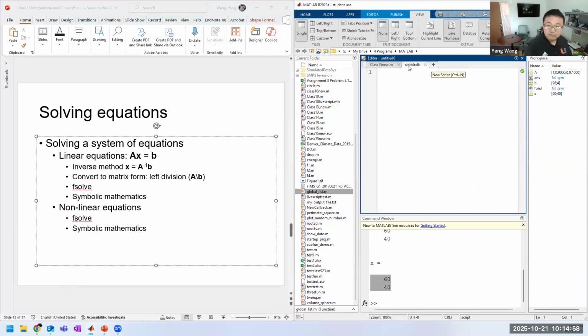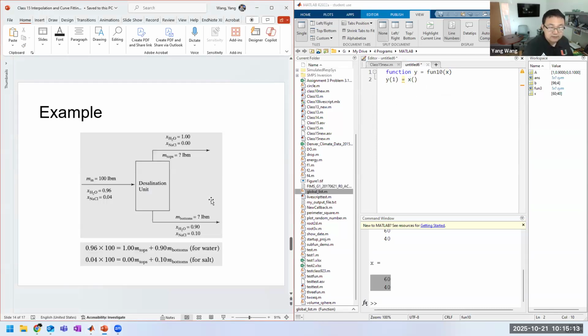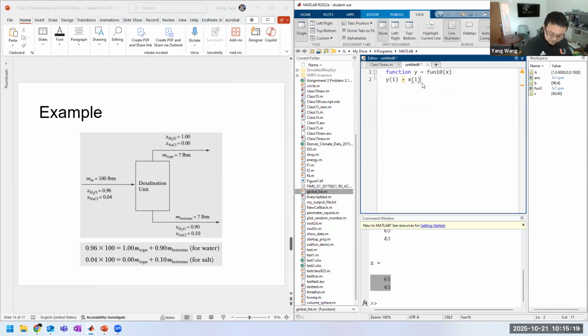So basically define a function, let's say y equals, let's define function 10 of x. So y1, which is the first equation, being x1, now make m top being x1 and m bottom being x2, right? So x1 plus 0.9 multiplied by x2, and then minus 96. y2 being 1 multiplied by x2 minus 4.